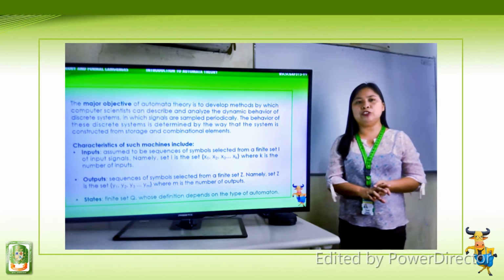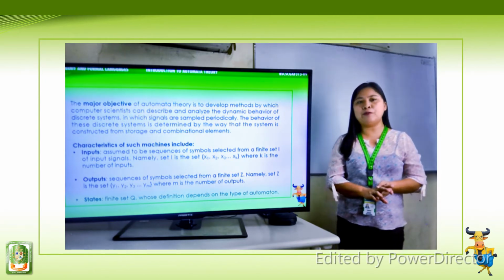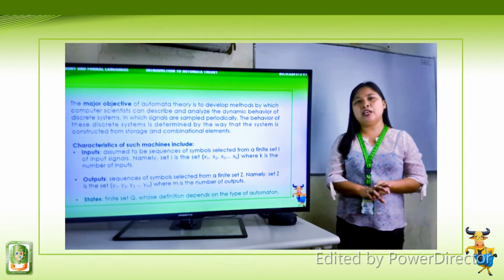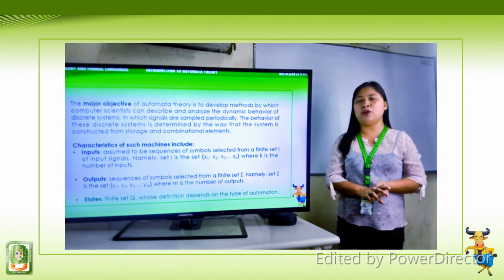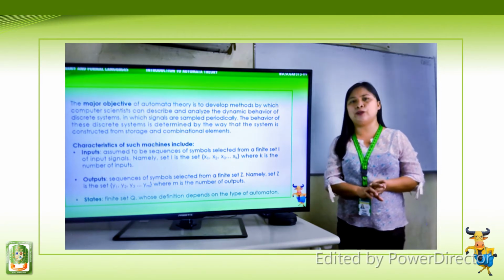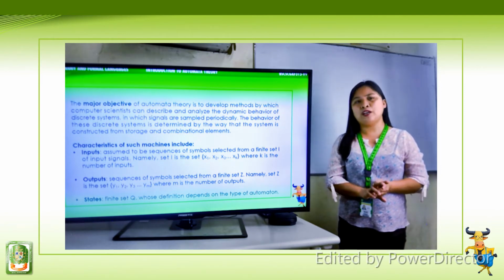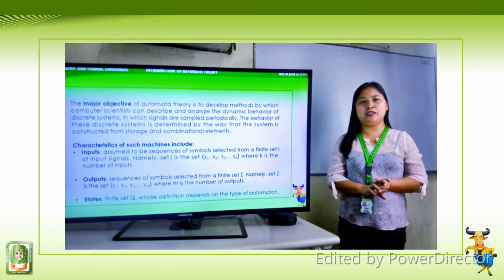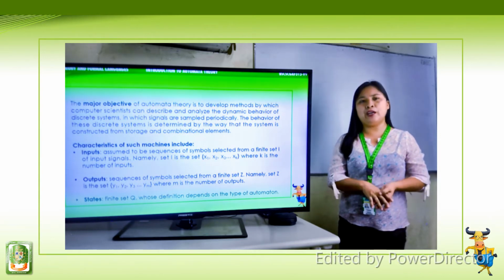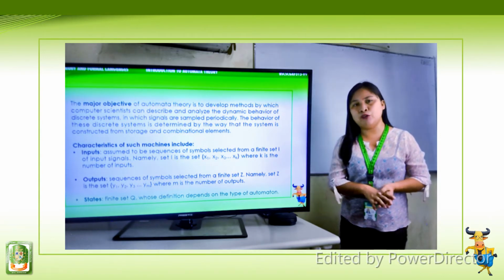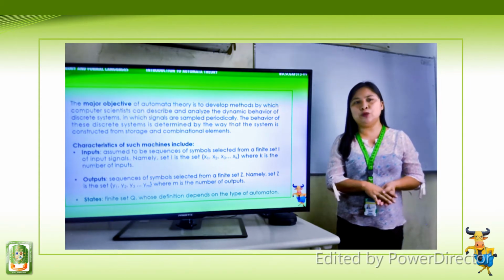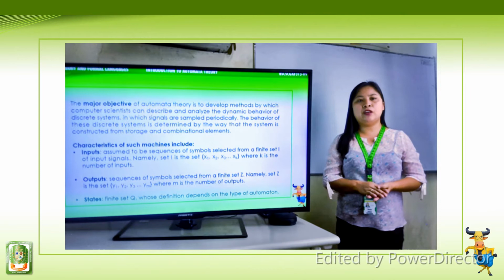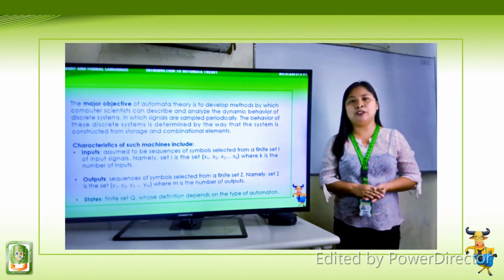While for output, sequences of symbols selected from a finite set Z, namely set Z is the set y sub 1, y sub 2, y sub 3, y sub 4, and so on and so forth up to y sub m, where m is the number of outputs. For the states, a finite set Q, whose definition depends on the type of automaton.